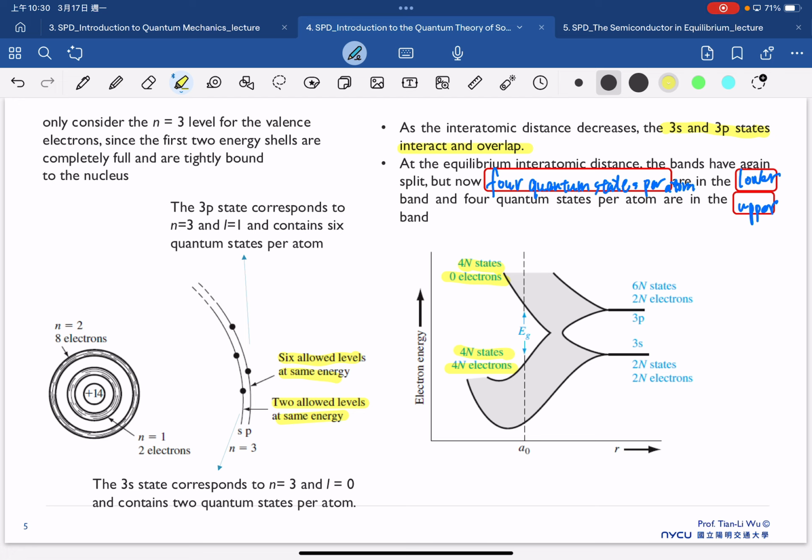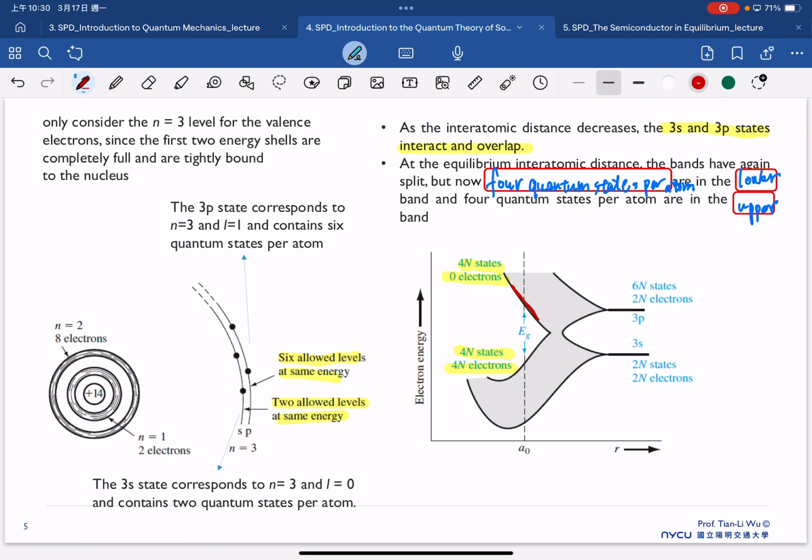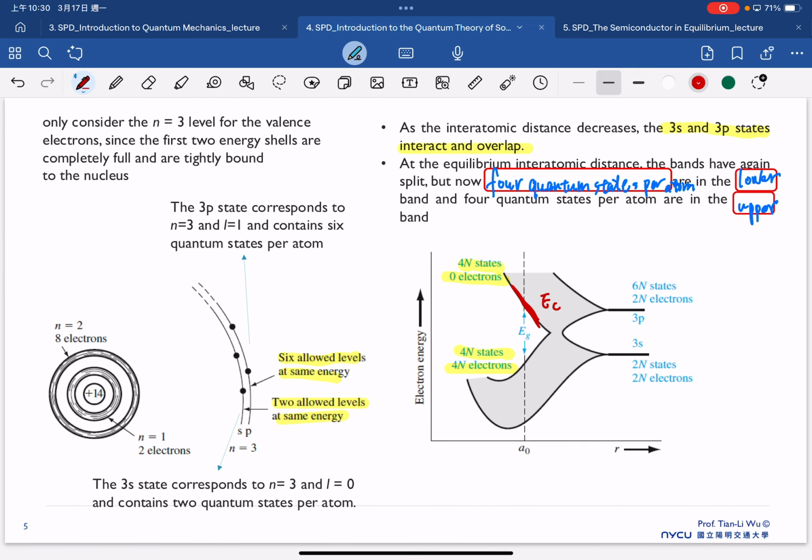Now we can use a little imagination again to redefine this region, where we consider the upper part, which we call EC, and the bottom part, which we call EV, and in between is our EG.